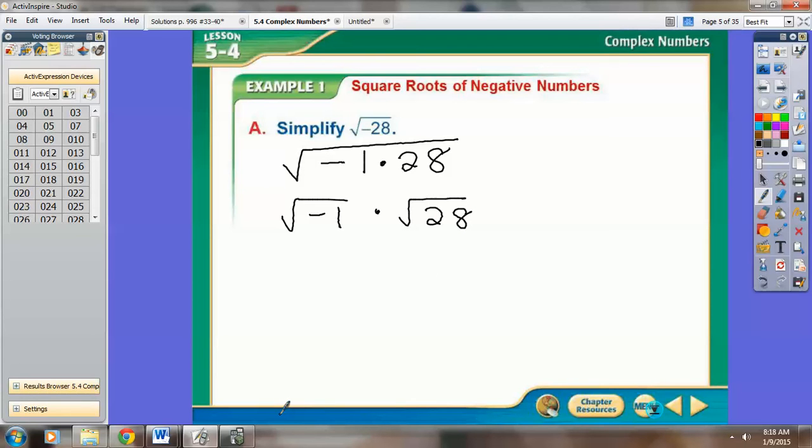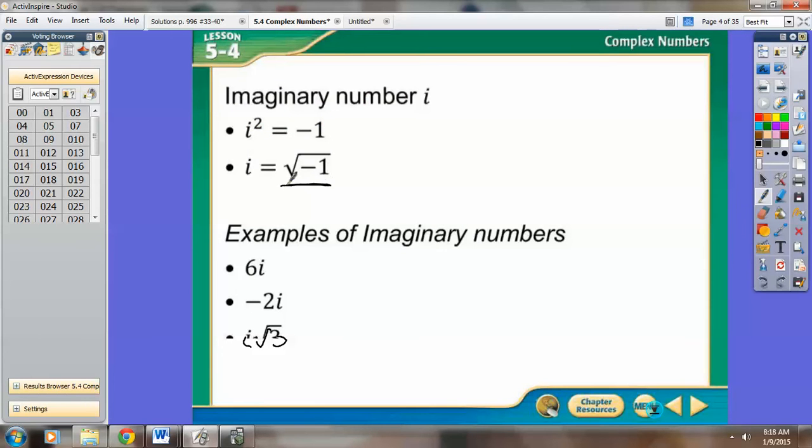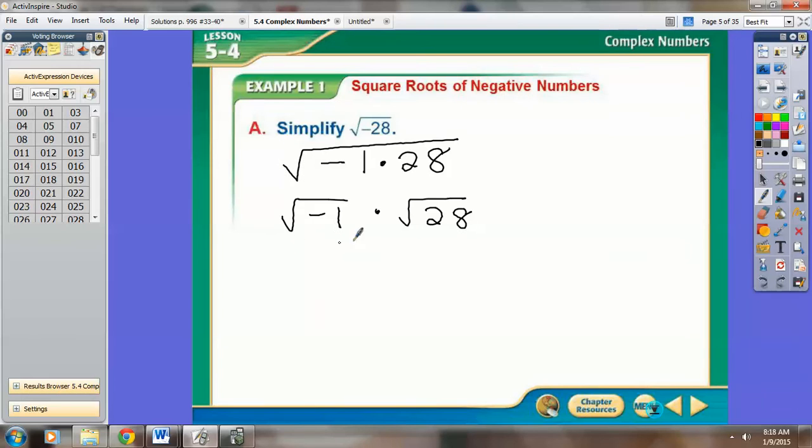Just a few minutes ago, we learned what the square root of negative 1 is. What is the square root of negative 1? i. Didn't we just think of that on the last slide? The square root of negative 1 right here is equal to i. So I'm going to replace the square root of negative 1 with i. We have an imaginary number in our answer.